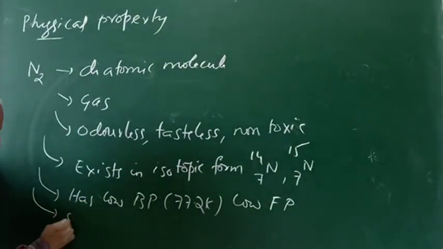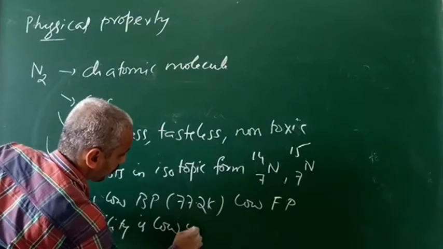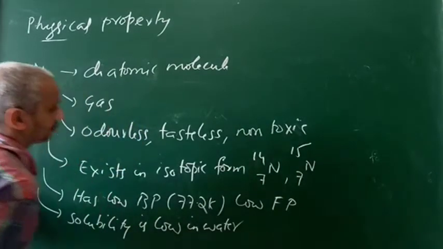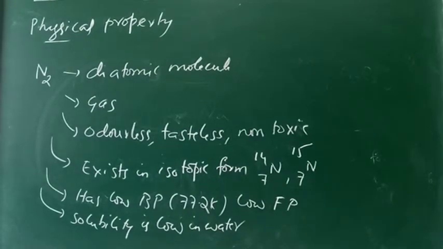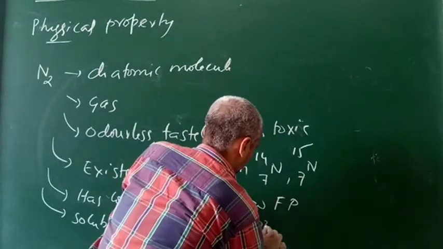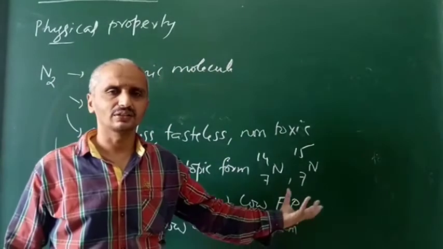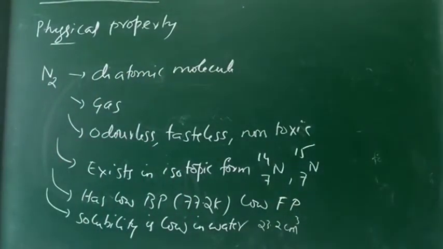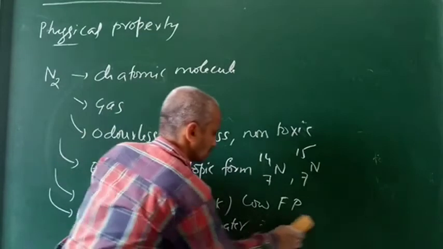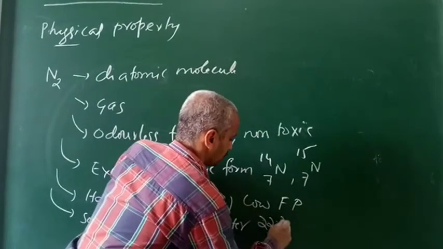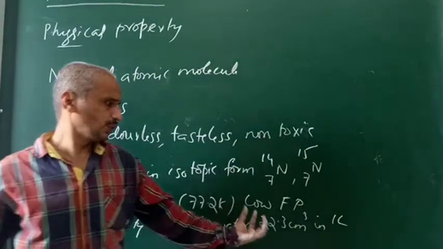Next one is solubility. It is low in water. 23.2 cm³ in 100 ml of water, only 2.2% or so will be there. 22.3 cm³ in 1 liter of water means 2.23% only.